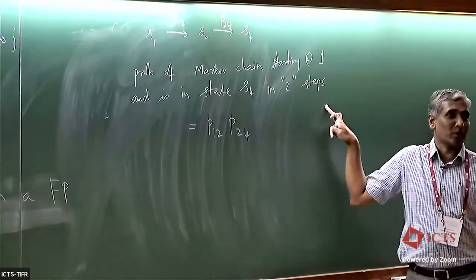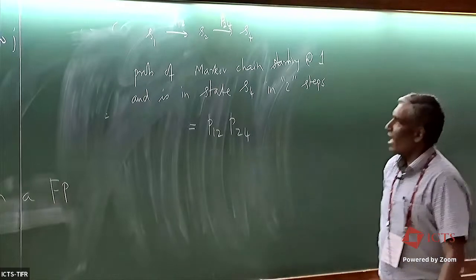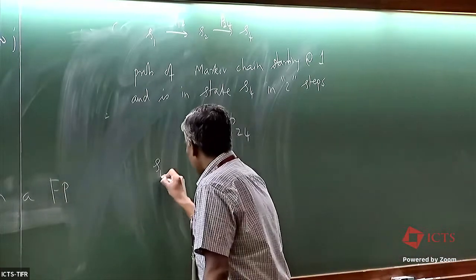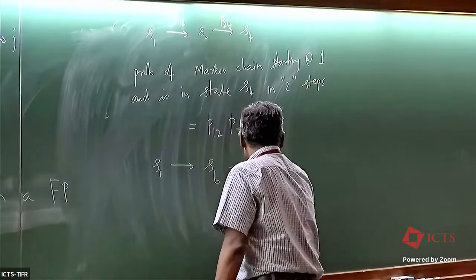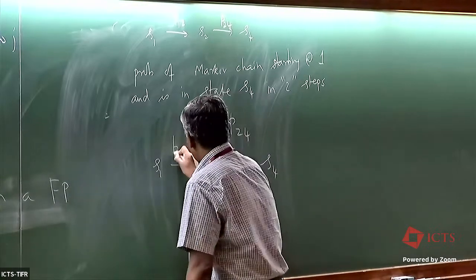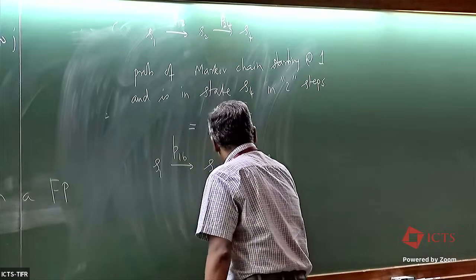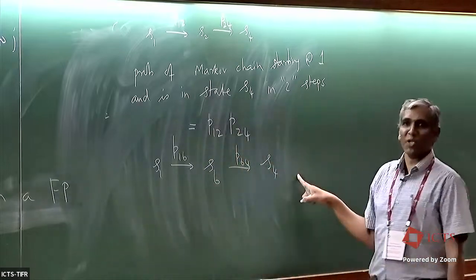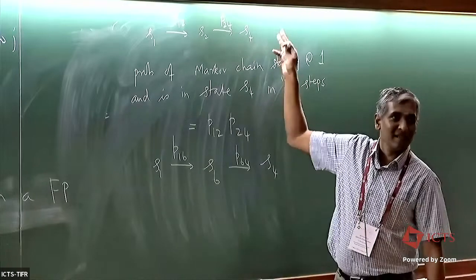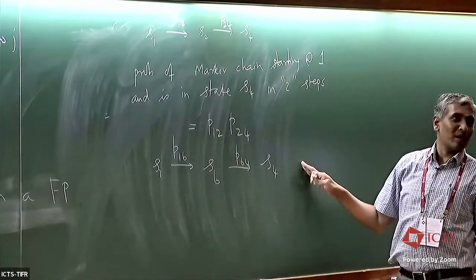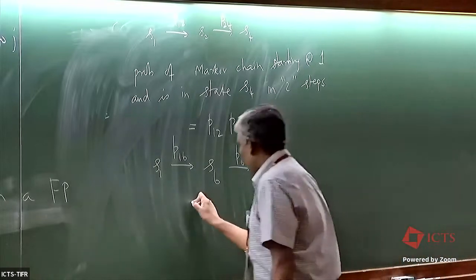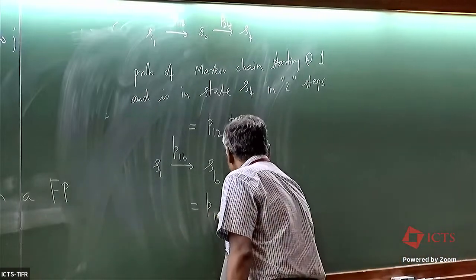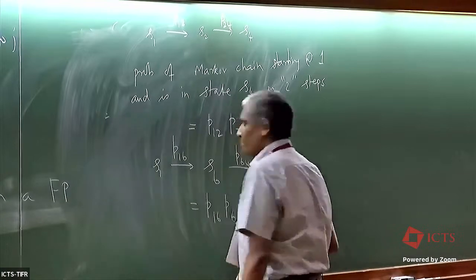So this is the probability of the Markov chain starting at state S1 and being present in S4 after exactly 2 steps. Now I can have another path from S1 to S4 in exactly 2 steps, with transition probability P64.